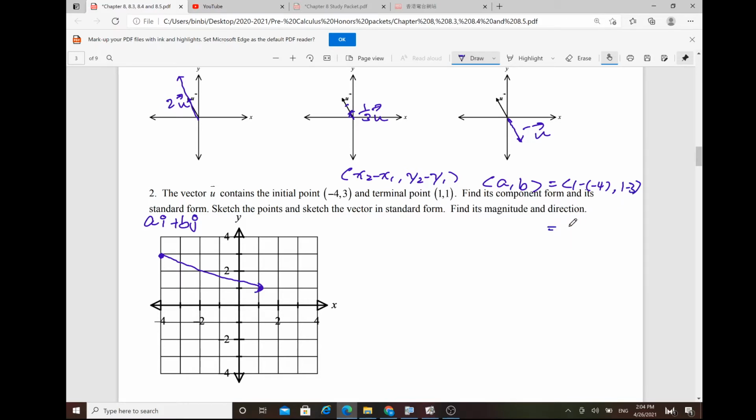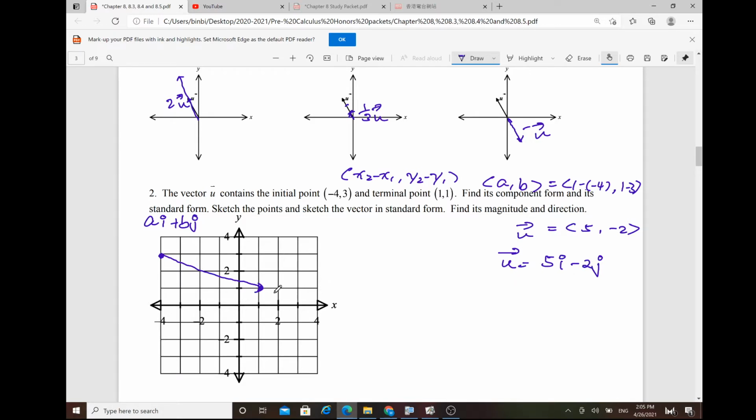What we found here is 5, comma, -2. And then the standard form is written as 5i minus 2j. So for that vector, let's say this is vector u. One is the component form, the other is the standard form.